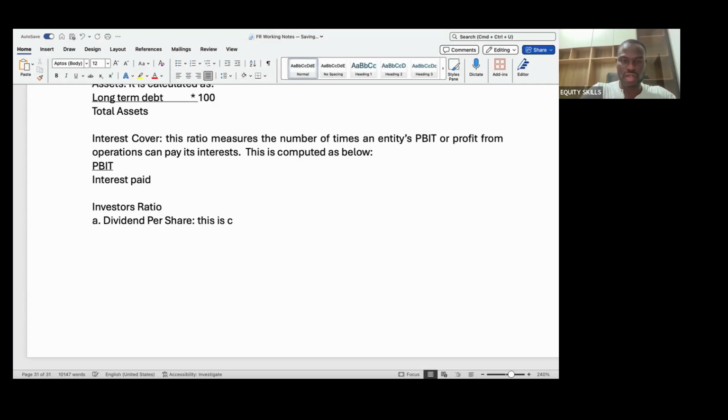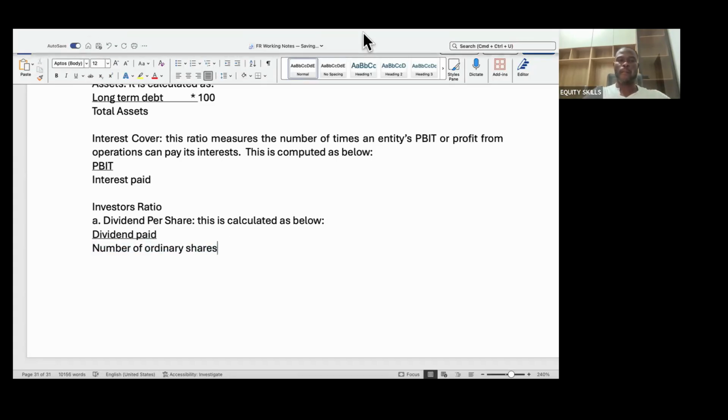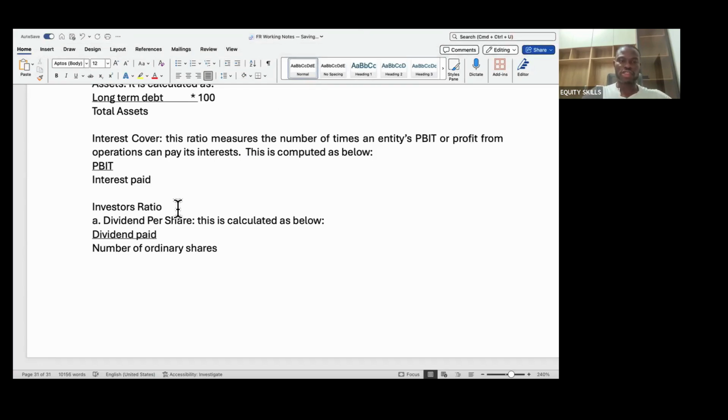And this is calculated because this ratio looks at the amount of dividend paid to each ordinary share, and is dividend paid all upon the number of ordinary shares. Is dividend paid divided by number of ordinary shares.